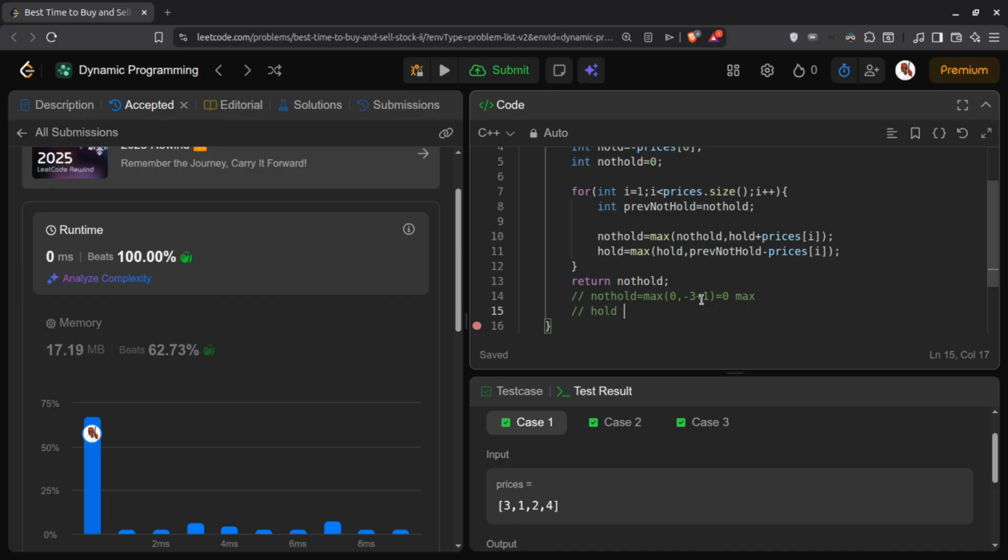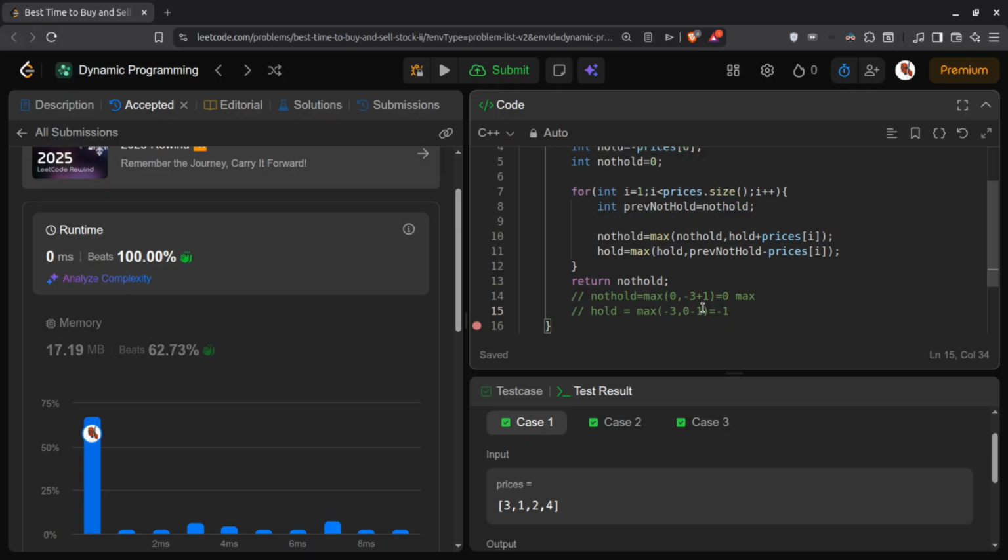When we are holding a stock, max hold is what? Hold is minus 3. Then previous notHold is 0, comma, minus prices at index i, which is 1, so it will be minus 1 max.